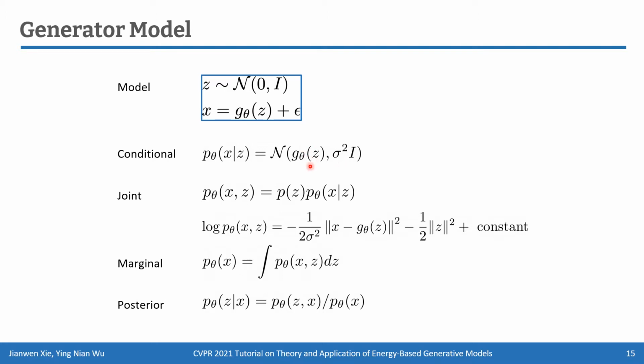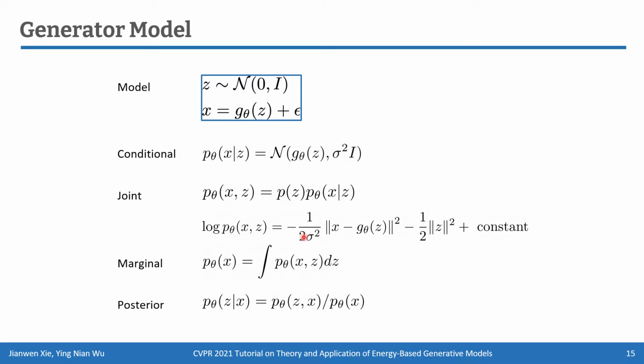And theta parameterizes the top-down network. Then given the prior and the conditional, we can get the joint. The joint distribution of X and latent Z is just factorized as a prior for Z times the conditional of X given Z. And in more detailed form, it is like this.